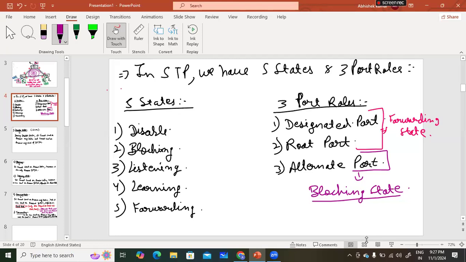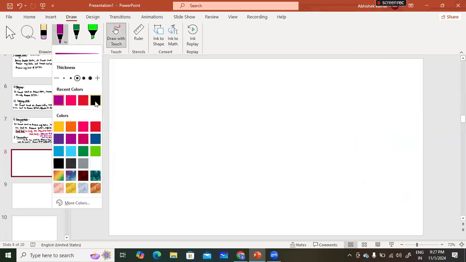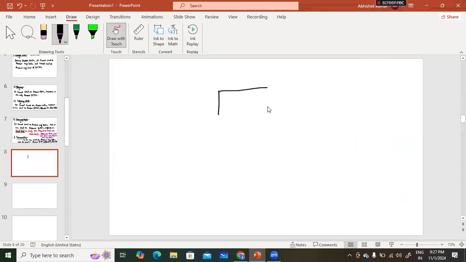No, sir. Okay, now, the port rules which I'm talking about are for the switch port. Just try to understand here. Let's suppose there's a switch, and as we know, there are multiple LAN ports on this switch. Let's suppose port number 1, port number 2, port number 3, and port number 4.